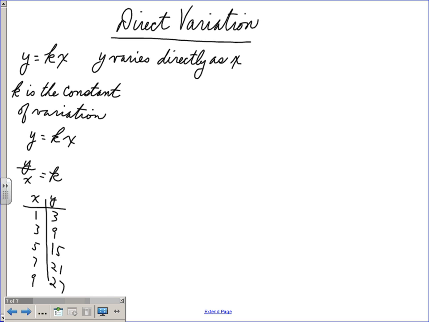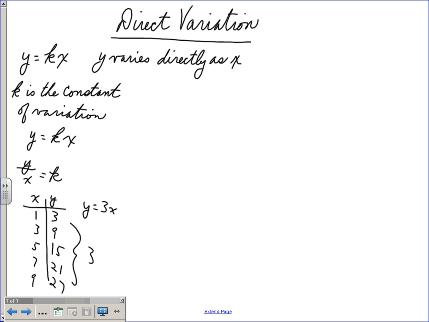Well, if it does, then the ratio is going to be constant. Y over x is 3, or 3 and 1, or 9 and 3. 9 divided by 3 is 3. 15 over 5 is 3. 21 over 7 is 3. We have that same constant. Y over x is 3 in each case. And so that constant of variation is 3. It varies directly. The equation of this line would be y equals 3x. Okay, direct variation.